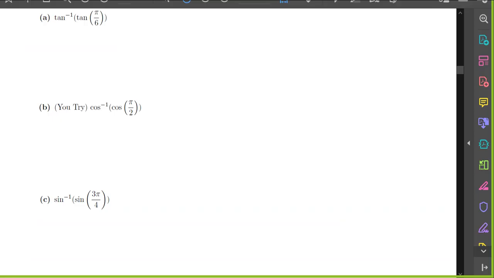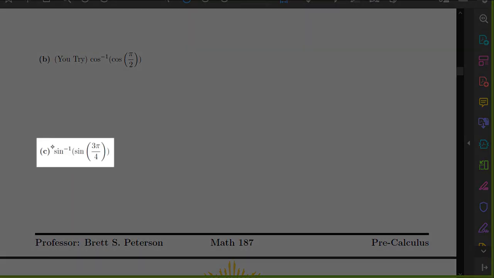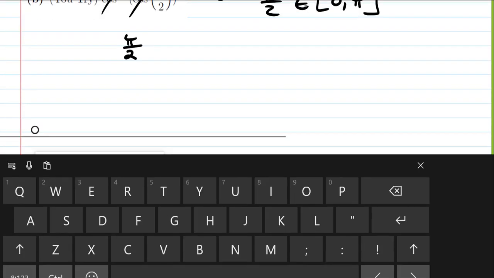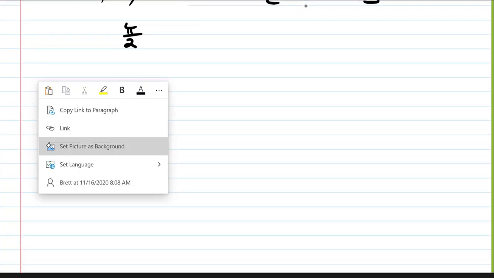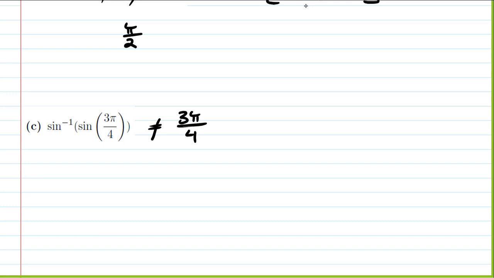All right, let's take a look at our last one. So once again, we're super tempted to just think that this should be 3 pi over 4. So unfortunately, this does not equal 3 pi over 4.